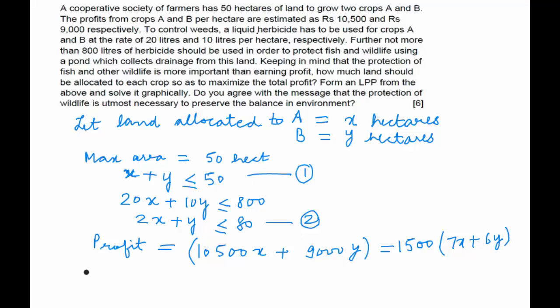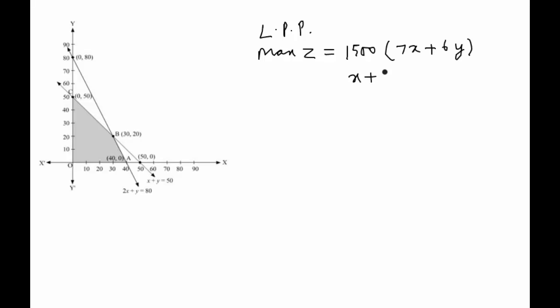So we say that the linear programming problem is: maximize Z equals 1500 into 7x plus 6y, subject to x plus y less than or equal to 50, which was our equation 1, and 2x plus y less than or equal to 80, equation number 2.